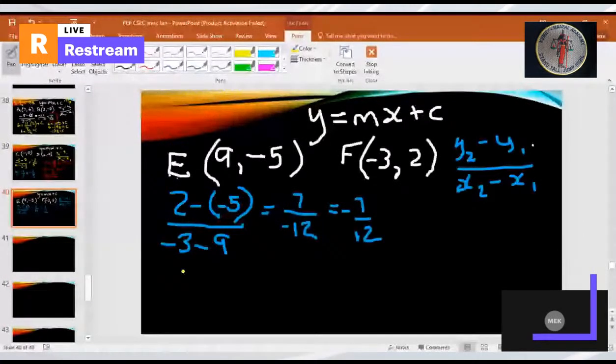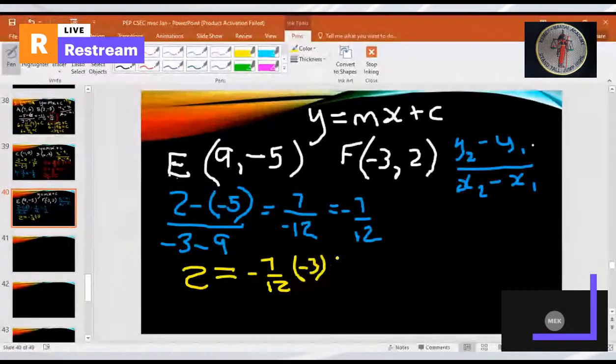So 2 for y is equal to the gradient, -7/12, times x, which is -3, plus c. So 2 is equal to -7/12 times -3. That would give a positive 3 7s, 21. So positive 21/12 plus c.